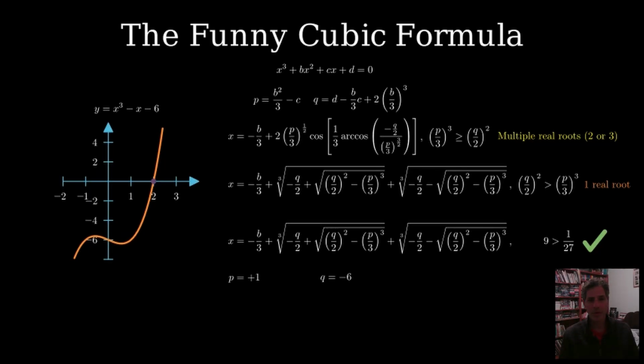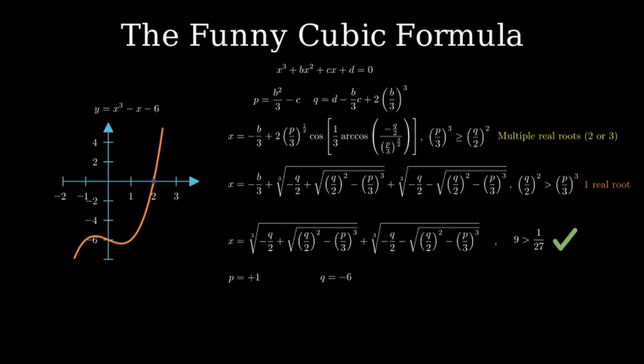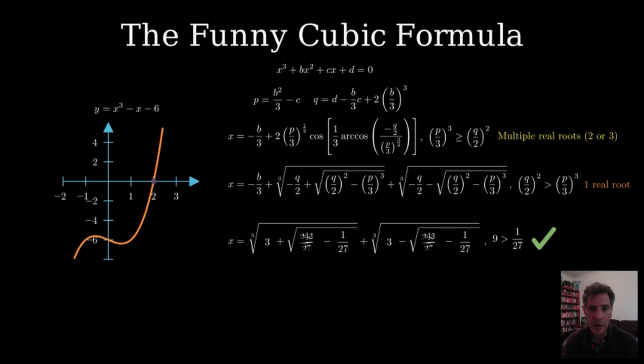Let's substitute these values into the cubic formula, along with the value of b, which is 0, because there is no x squared term. Now let's do some simplifying.